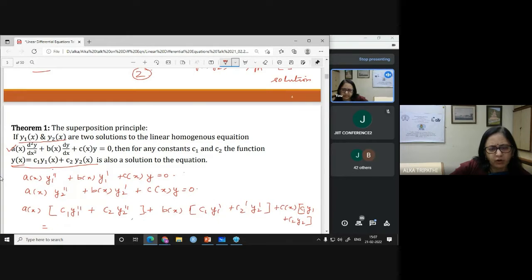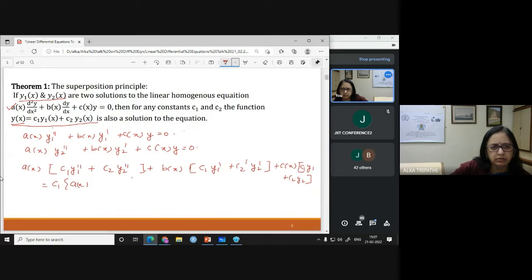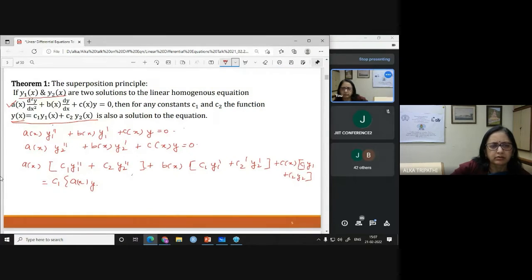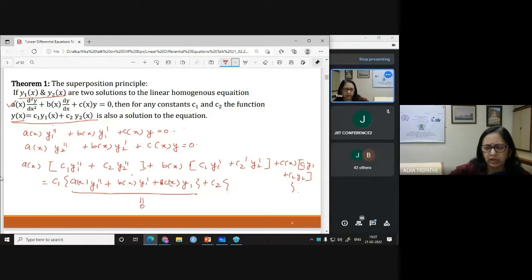Now taking C1 common, you will have an equation of the form a(x) y1'' + b(x) y1' + c(x) y1, and similarly for C2 you will get something. We already know that this is 0, because y1 is a solution of the differential equation. Again, this will also be of this form only.